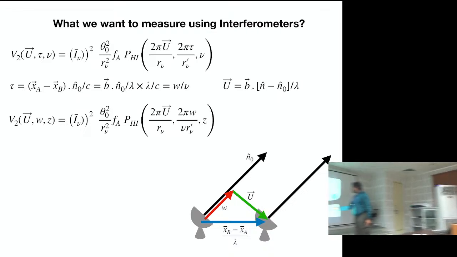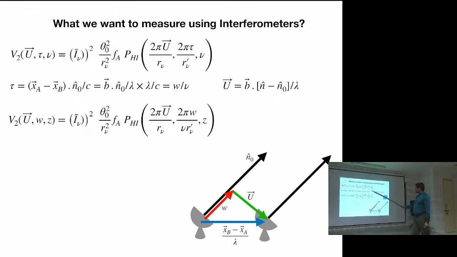So remember that we had an expression we wrote at the end of the second lecture. We have correlated visibilities, two visibilities at a certain frequency and frequency separation. The Fourier transform of that was tau, which we have related to the delay, today or dW.